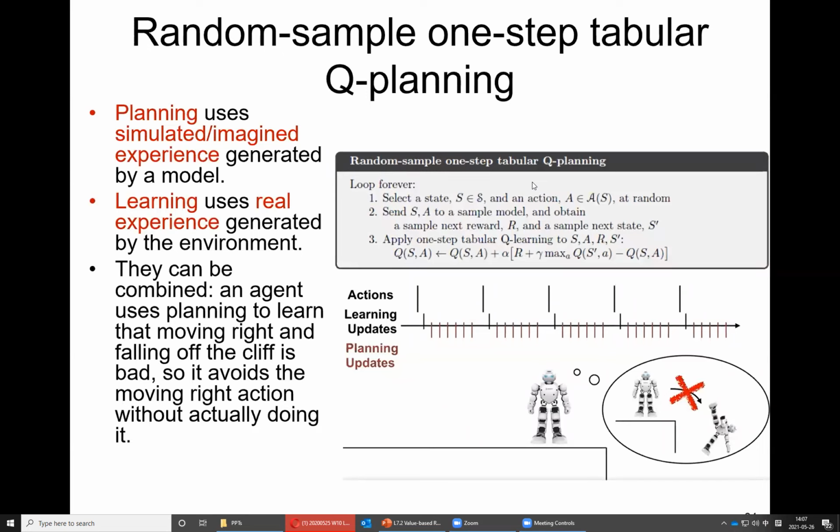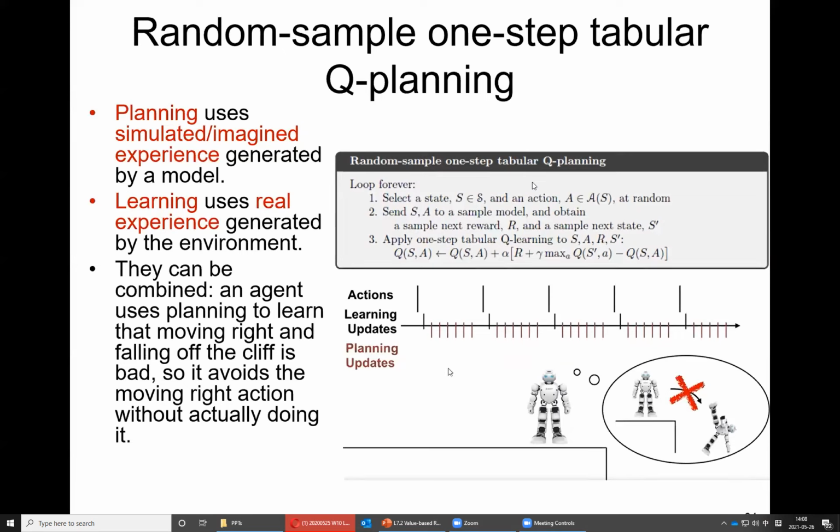The agent uses planning to learn that moving right and falling off the cliff is bad, so it avoids the moving right action without actually doing it. So you are performing the actions, and based on Q-learning or Sarsa or expected Sarsa, you are doing one update after every action.